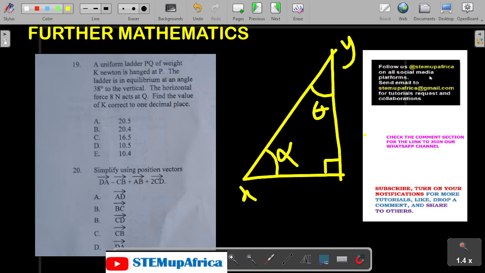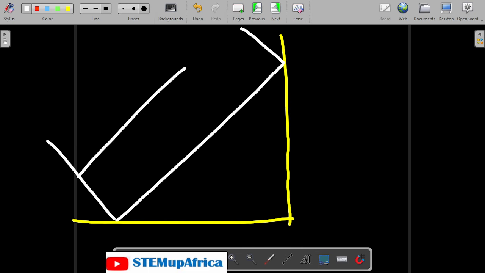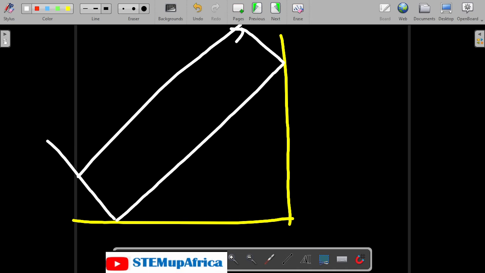So let's take this one to be a wall, and this is the horizontal ground. Then we have a ladder placed on the wall, and the length of this ladder is not given to us. So let's take the length of the ladder as 2x, for instance.